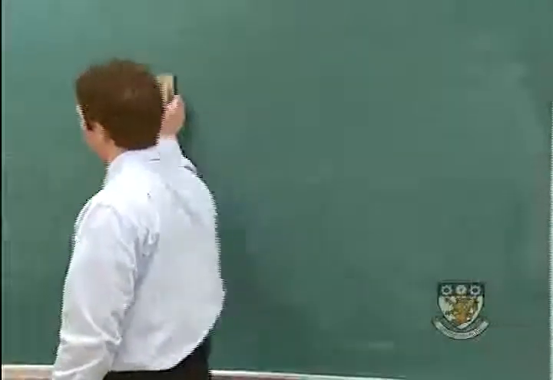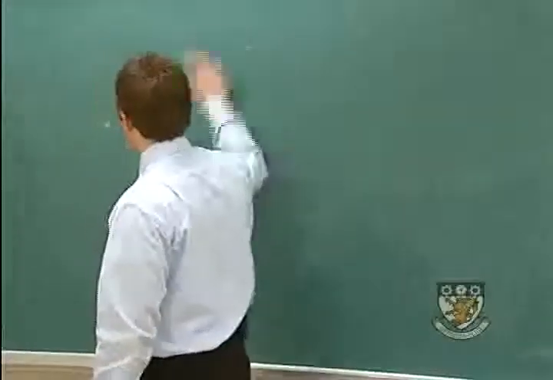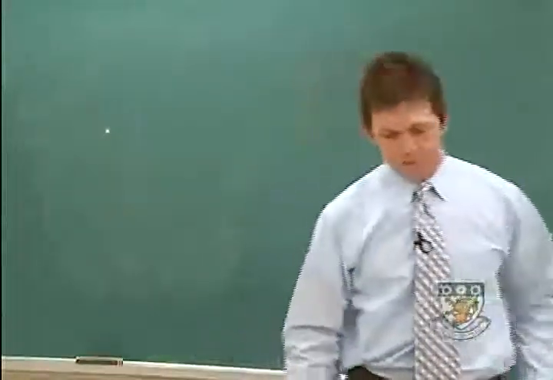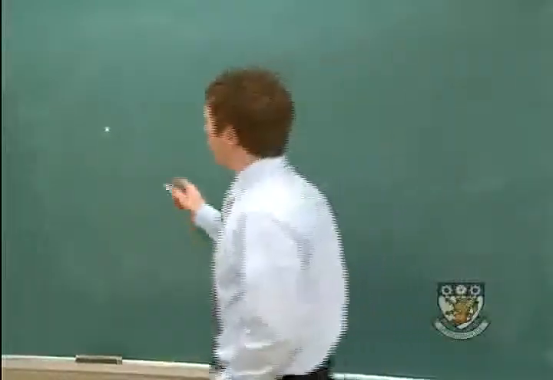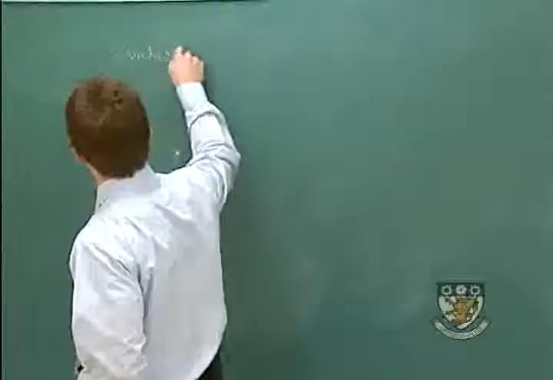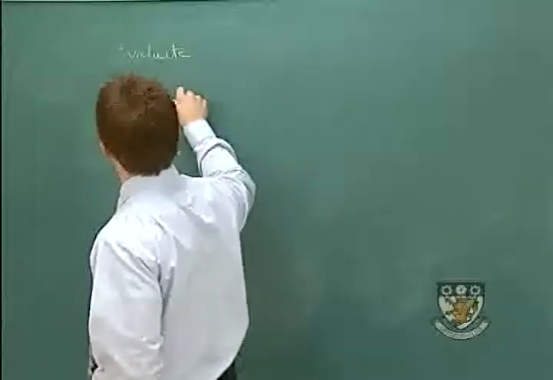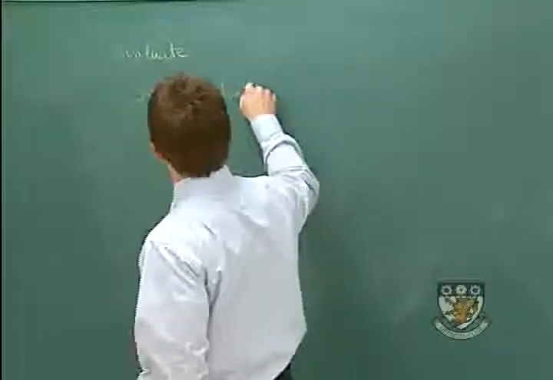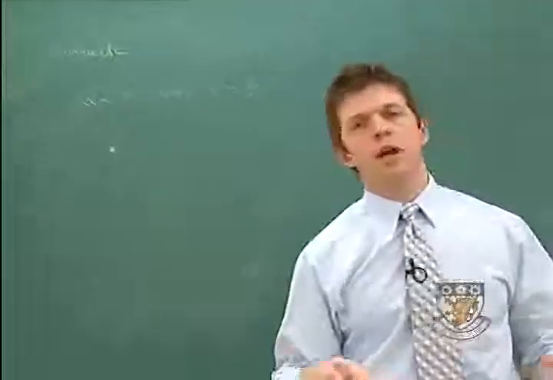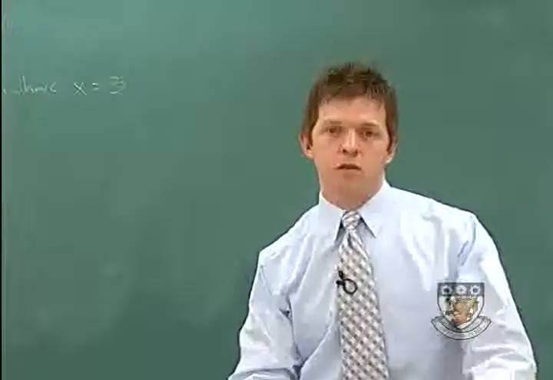As I mentioned before, a variable is something that can change. A constant is something that is always the same. 5, 12, negative 13. Those numbers are considered constants. If you were to see a problem that said evaluate 2x plus 5 where x equals 3, evaluate just means plug it in or find what the answer is.